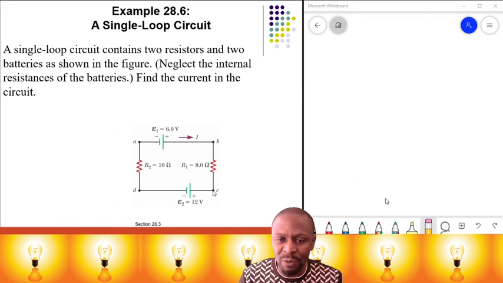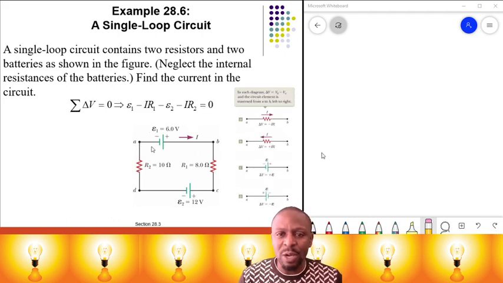But now, when moving from C to D, you are moving from higher to a lower terminal. That will be minus E2. And when you are moving from D to A, to close the loop, that will be minus IR. As a result, this is what you are going to have for that equation.